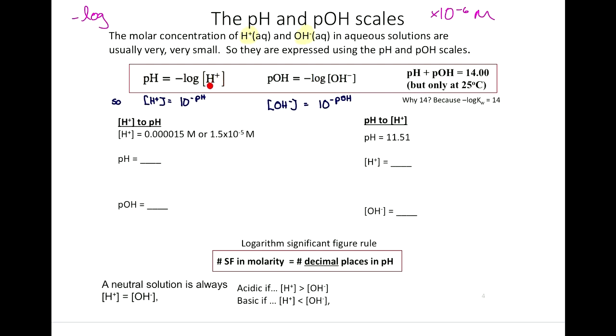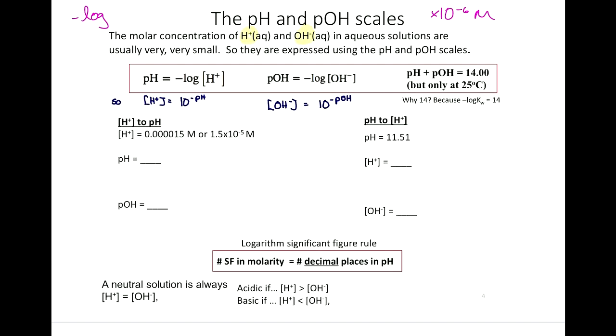And what's special at 25 degrees Celsius, and 25 degrees Celsius only, is that these two numbers, pH and pOH, add up to 14. All right, and so that's why a pH of 7 gives us a neutral solution, because the concentrations of H plus and OH minus are equal at that pH. So we'll come back to this idea in a little bit.